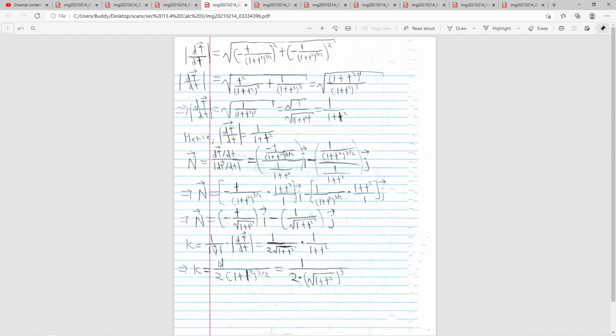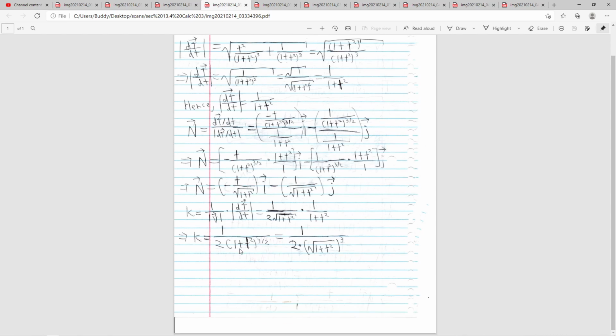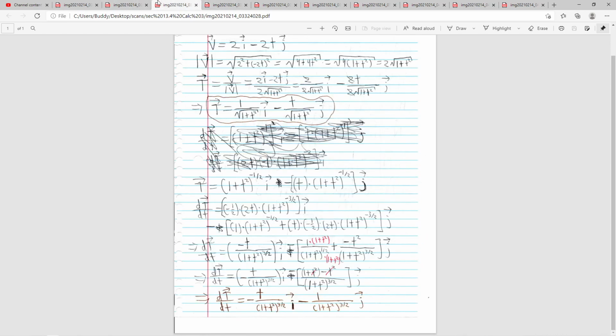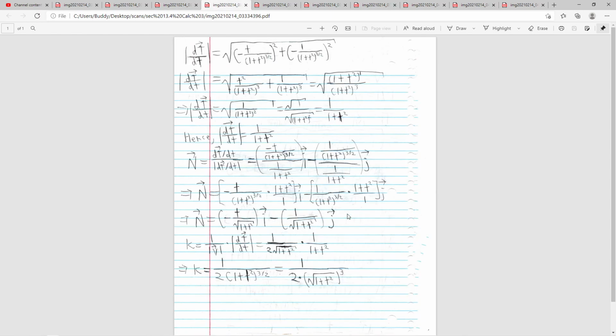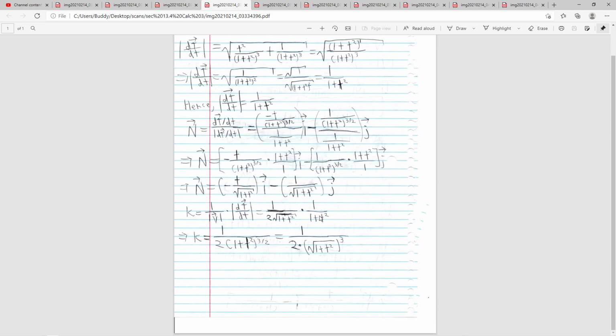And now the curvature is just this 2 times square root of 1 plus t squared from here, and times 1, yeah. It's going to be all in the denominator here. It becomes, this is to the 1 power, so it's to the 3/2 power now when you just multiply them together.